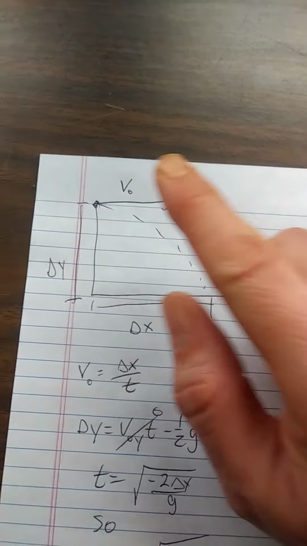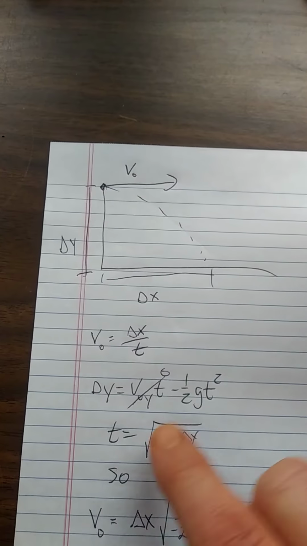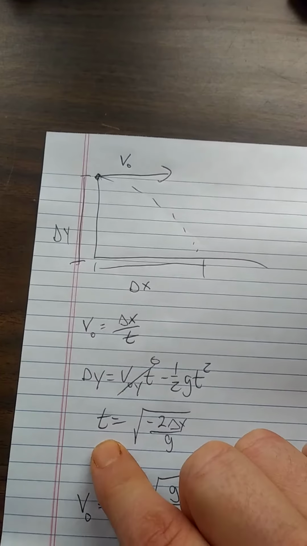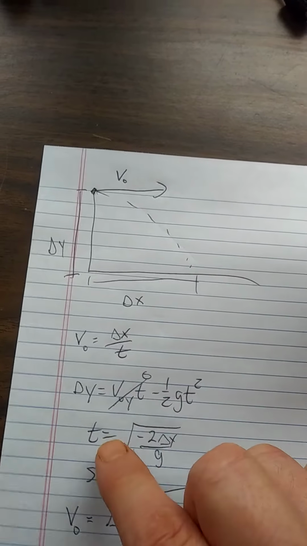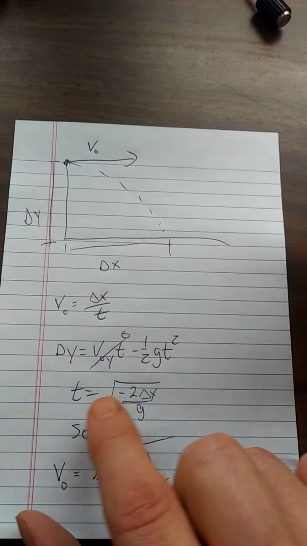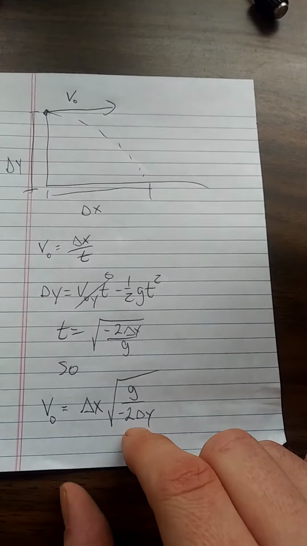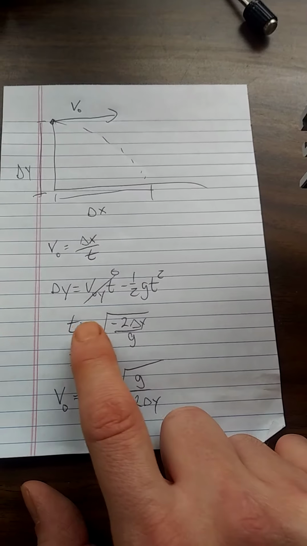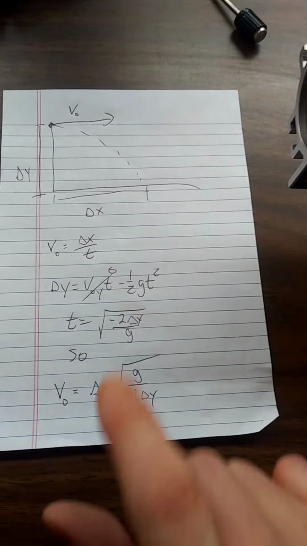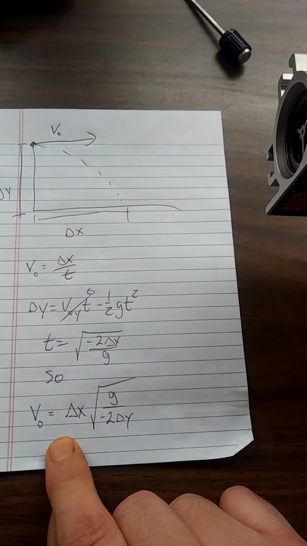Initial horizontal speed: we're going to measure the delta y and the delta x, and then calculate the initial speed, delta x over t, using the second kinematics equation for free fall. Solve for t. Remember the negatives because delta y is going to be negative, and plug that t back into that equation. So we get this equation for initial speed.